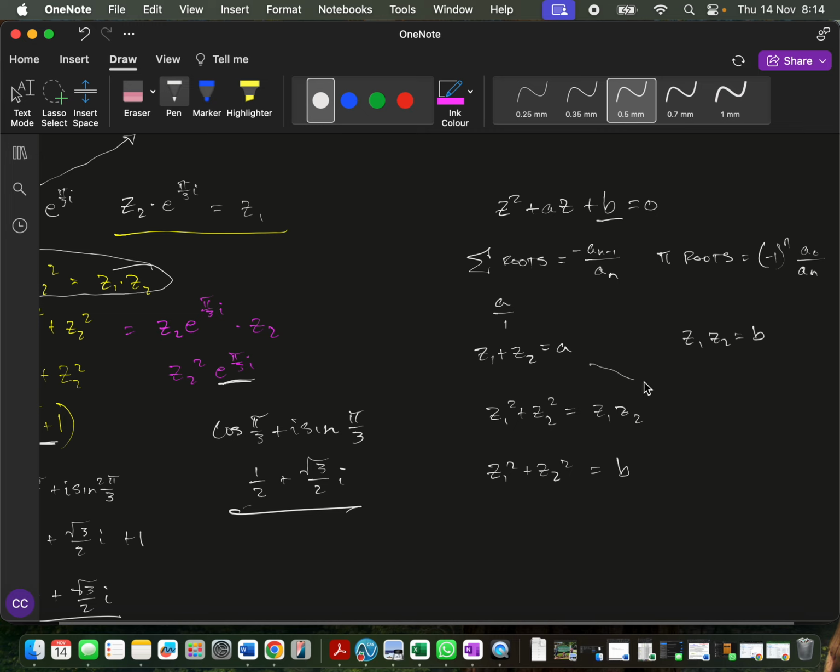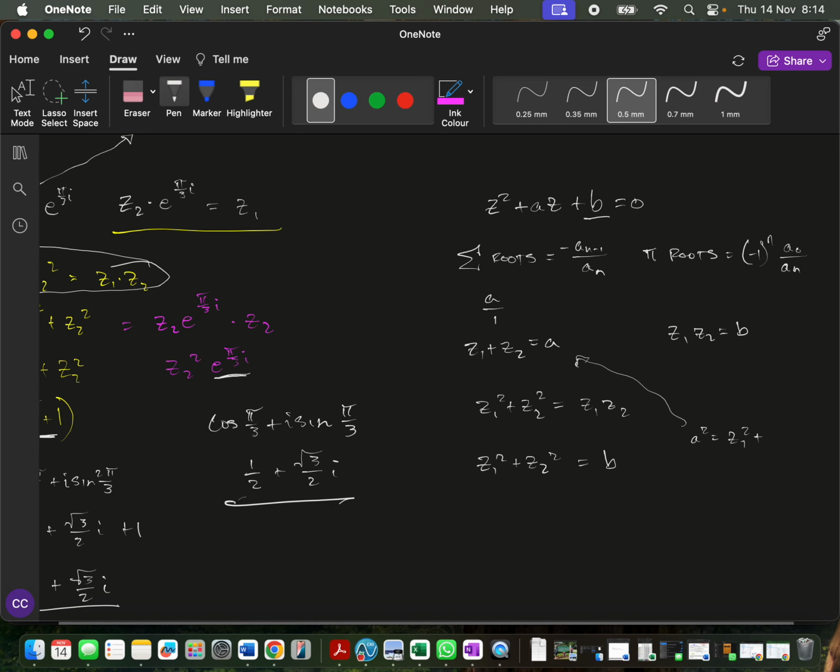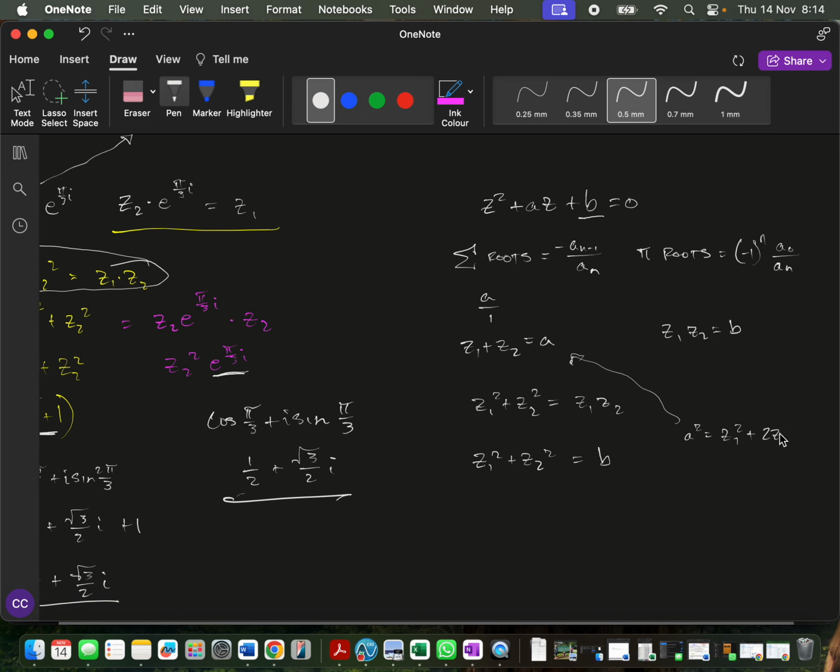If I take and I square this, I would get a squared is z1 squared plus 2 z1 z2 plus z2 squared. A little bit of fancy substitution and moving things around. Remember, if I add this and this, I get the product of roots again.